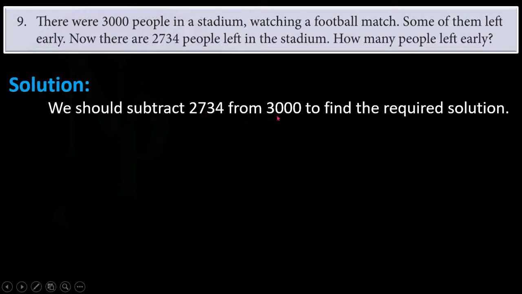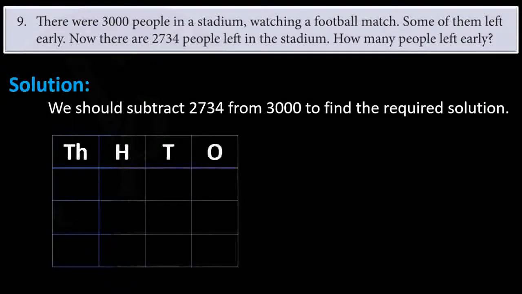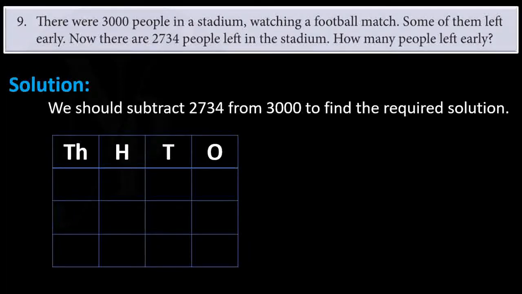2734 from 3000, we will get the number of people left the stadium early. So we will write down the numbers in the place values table. It is 3000 minus 2734.